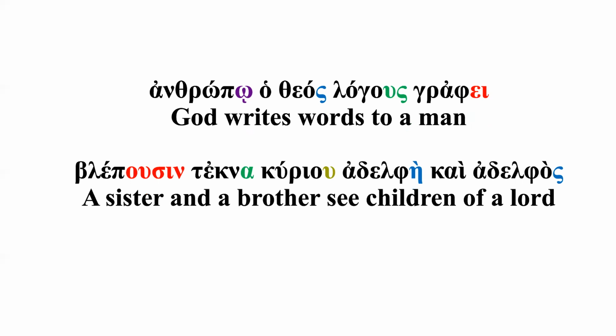It is neuter, and so the nominative plural and the accusative plural are the same. You might have gotten confused and thought that was a nominative plural, but no, it is an accusative plural. I just thought I'd take some time to point that out because that is something you will run into a lot. So God writes words to a man, and a sister and a brother see children of the Lord.